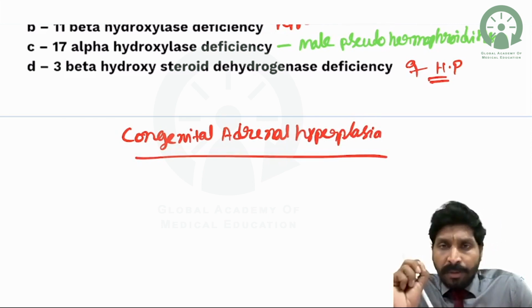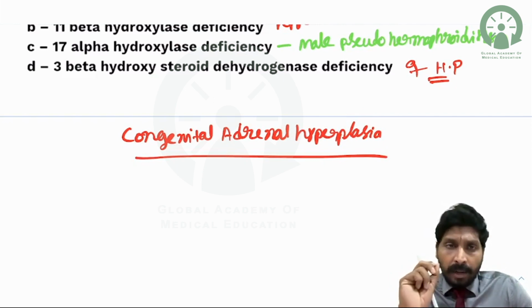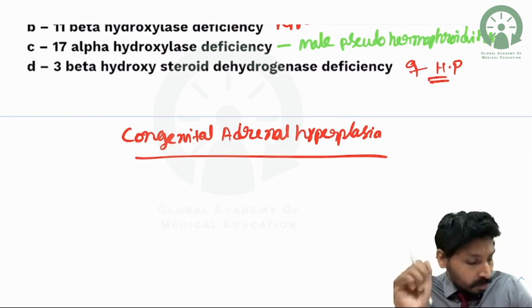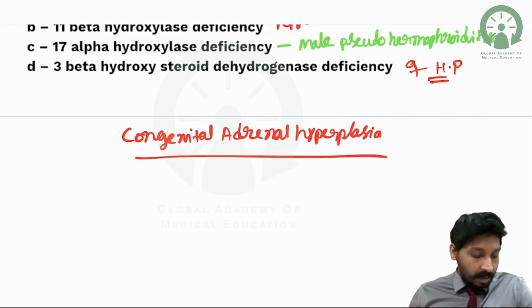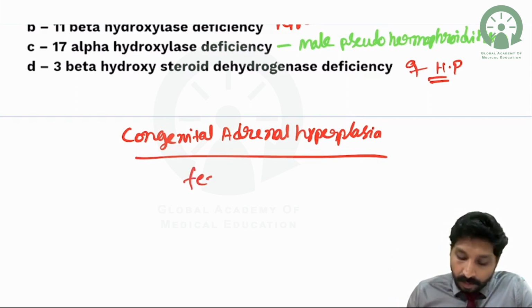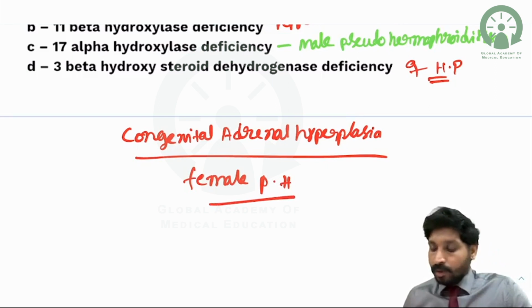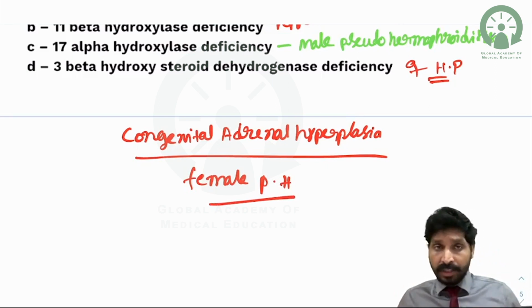Mainly hirsutism you can make out in congenital adrenal hyperplasia, because of 21 beta hydroxylase deficiency. And all congenital adrenal hyperplasia are female pseudohermaphroditism, female pseudohermaphroditism. So these are the key features of congenital adrenal hyperplasia. Understand? If you remember these points, it is easy for you to answer questions like this.